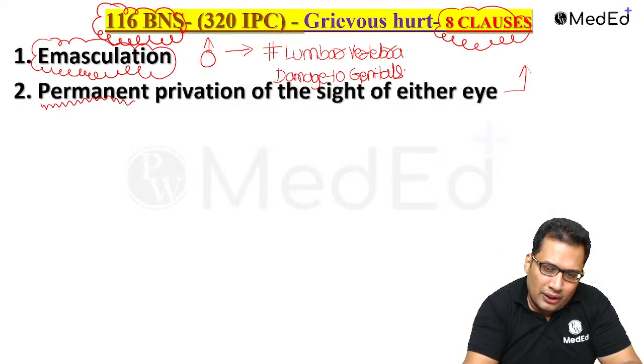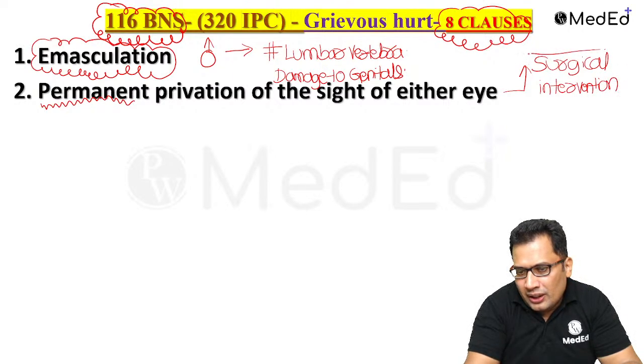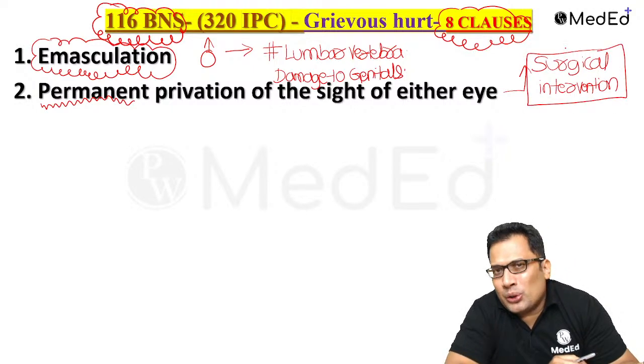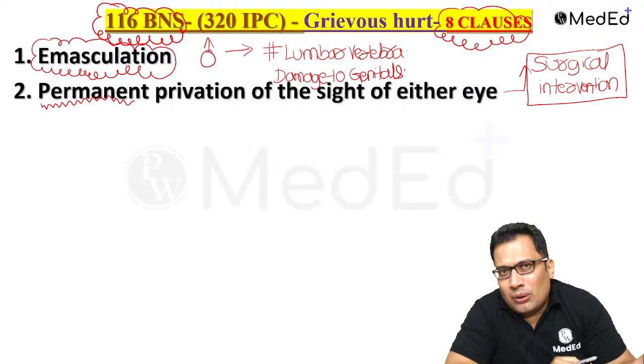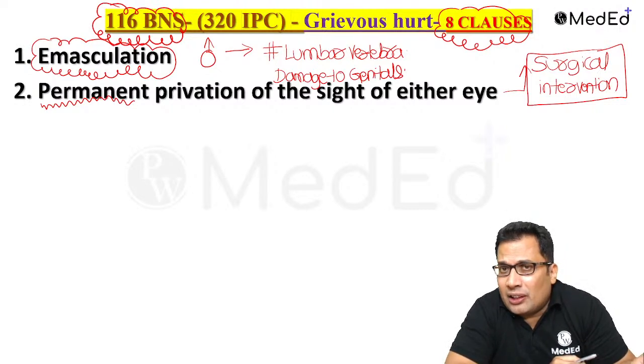And remember, it is not related to surgical intervention. It is the natural course of the disease, the natural course of the trauma. The complication is known as permanent privation of sight of either eye.